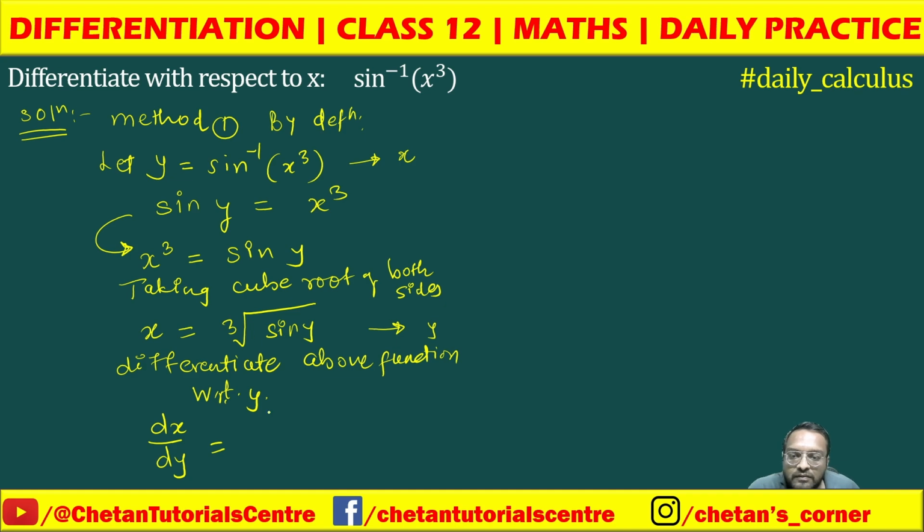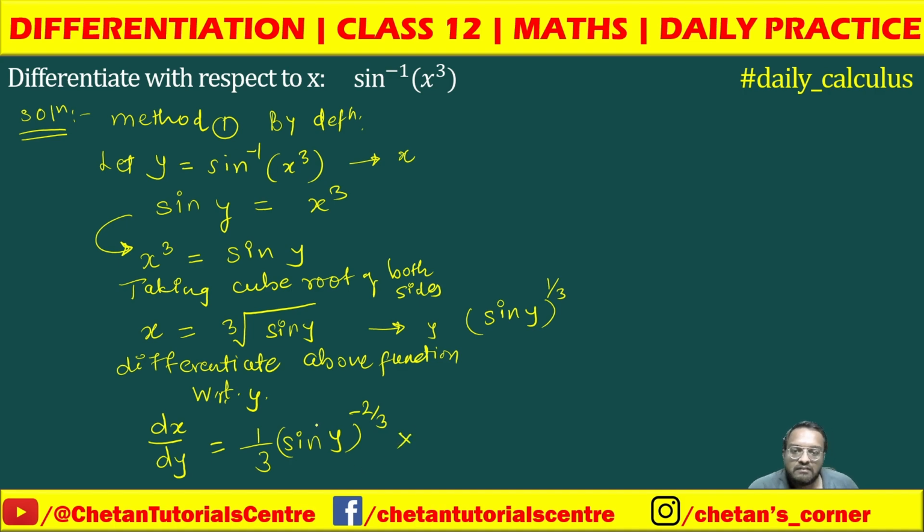So the derivative of cube root of sine y will be, I will write this cube root of sine y in this way, 1 upon 3. Then I will take its derivative. So its derivative will be 1 upon 3 sine of y bracket raised to minus 2 upon 3.